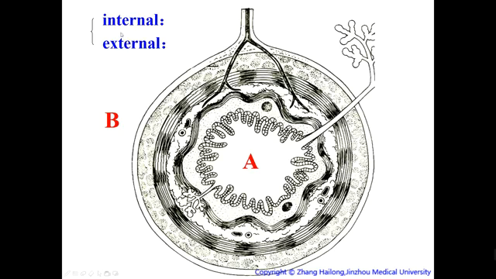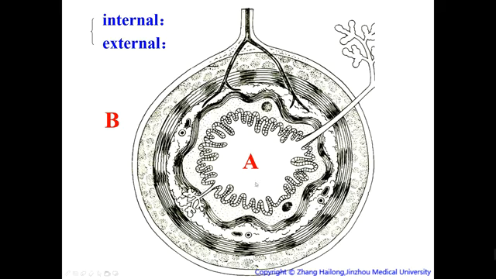And this pair is internal and external. You see the picture is one part of our intestine, small intestine or large intestine. And you know the small intestine and large intestine are hollow organs. A hollow organ is a tubule, very like the blood vessels. It's also a hollow organ.